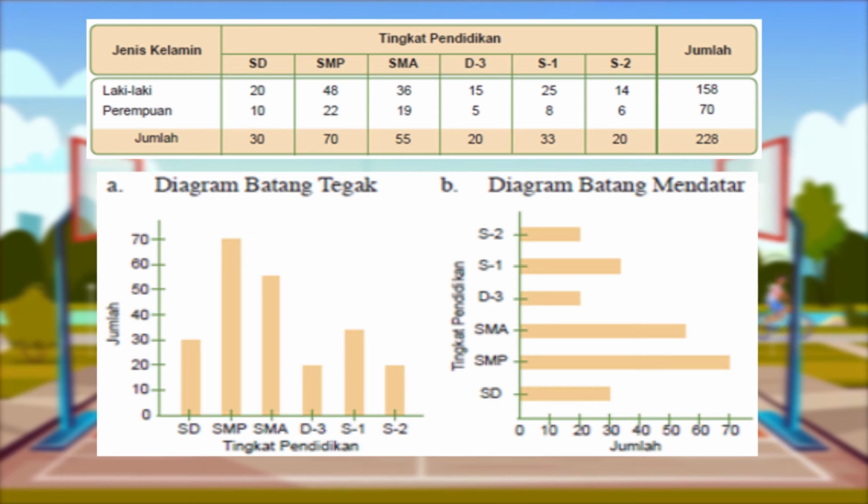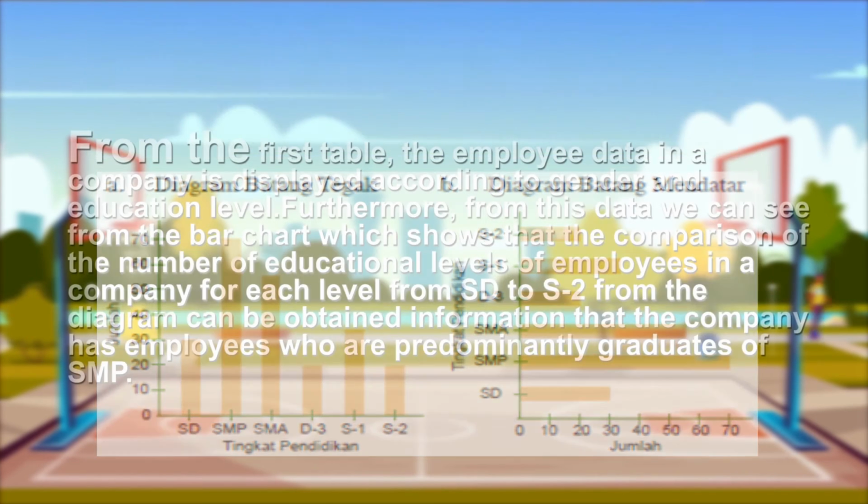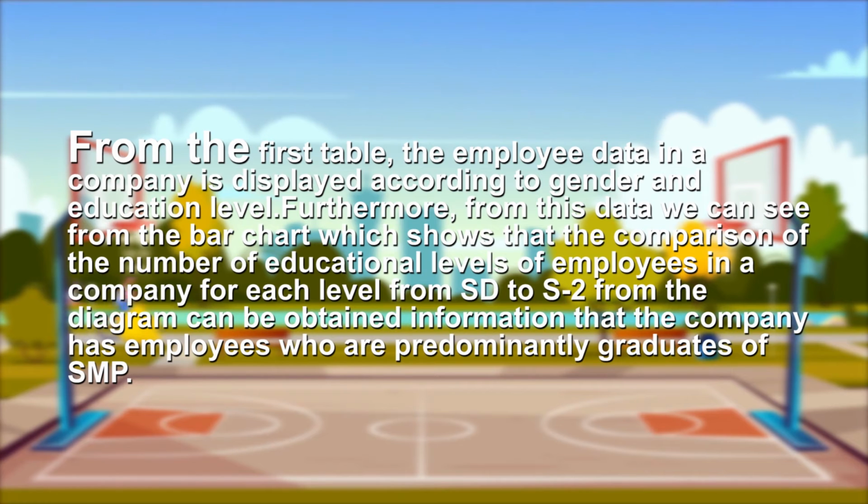From these two pictures, we also see two types of diagram. From the first table, the employee data in a company is displayed according to gender and education level.